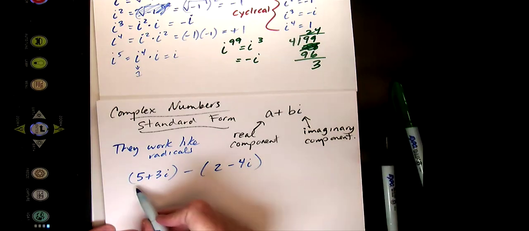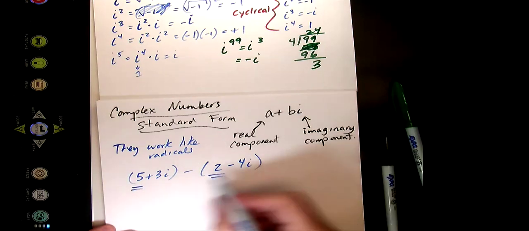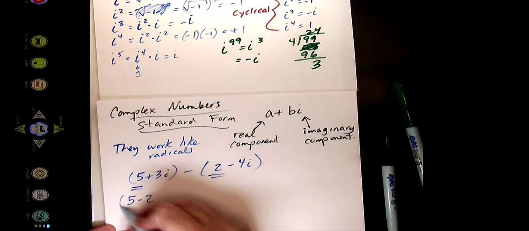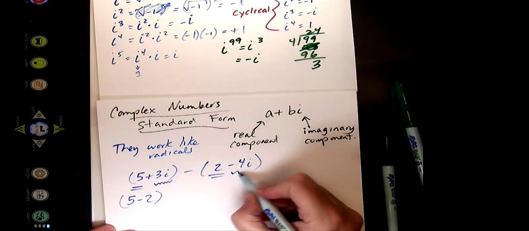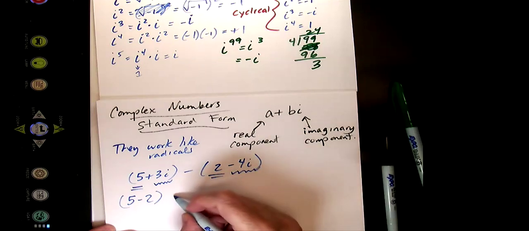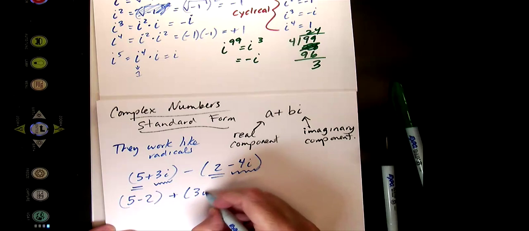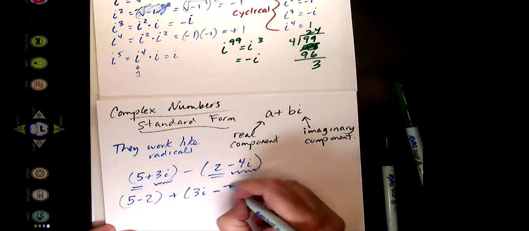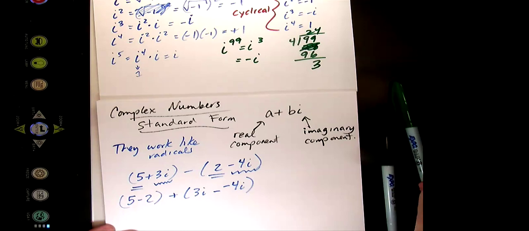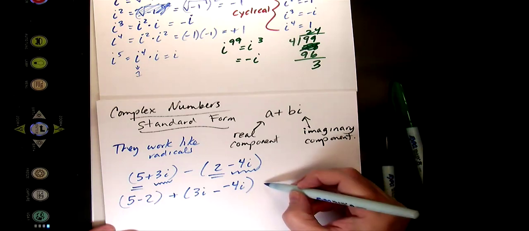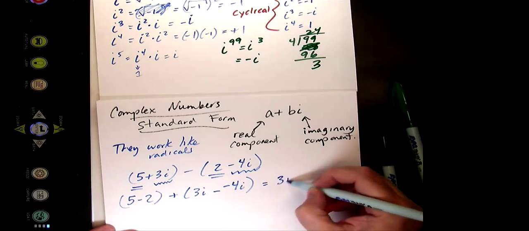We combine things that are alike. The 5 and the 2 go together as 5 minus 2. And the 3i and the -4i go together. I have a 3i minus a -4i. So this ends up being 3 plus 7i.